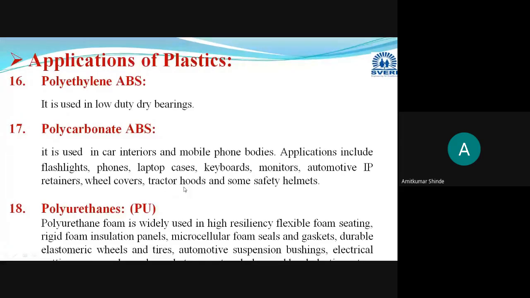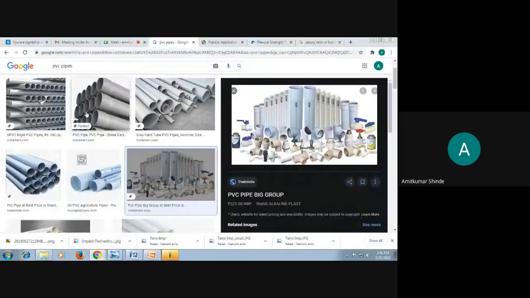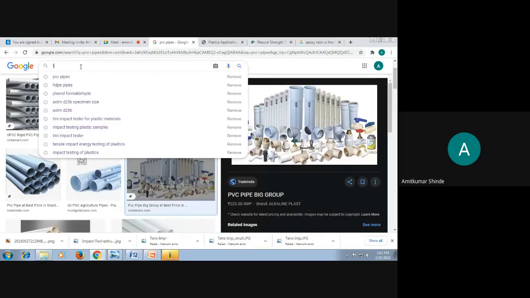This tractor hood is nothing but, you can see, the top surface. I will show that in the picture. The tractor hood may be easily understood after seeing the picture. It will provide some safety for the driver from the sunlight also.